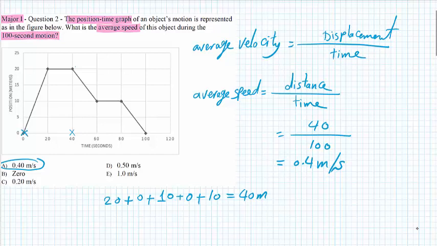I started from this point at 0 and ended at this point at 100. So the displacement here will be the final position, which is 0, minus the initial position, which is also 0. So it's 0 minus 0 gives you 0, over the time, which is 100. It gives you 0 meter per second.